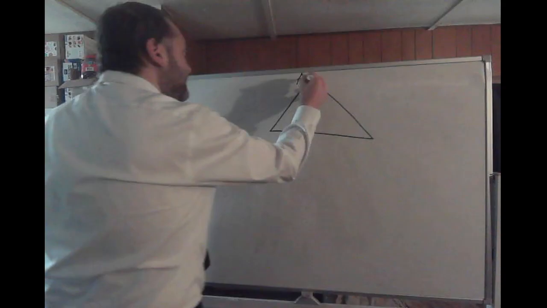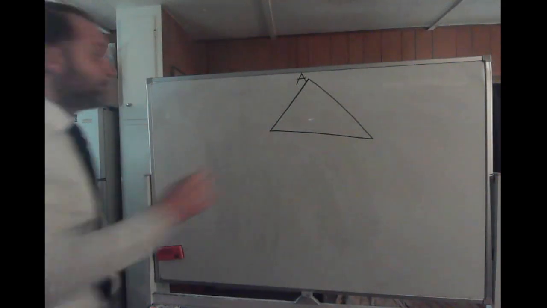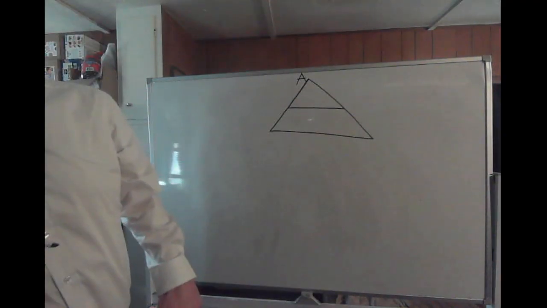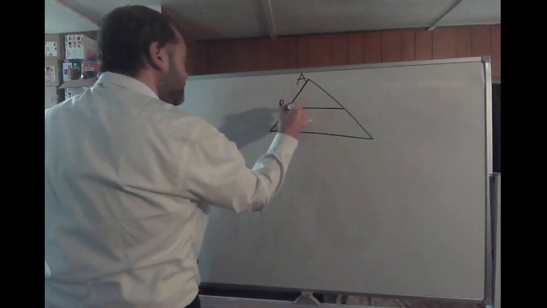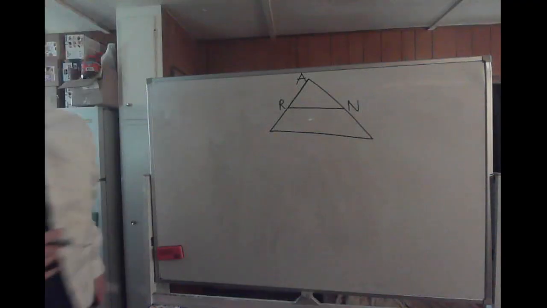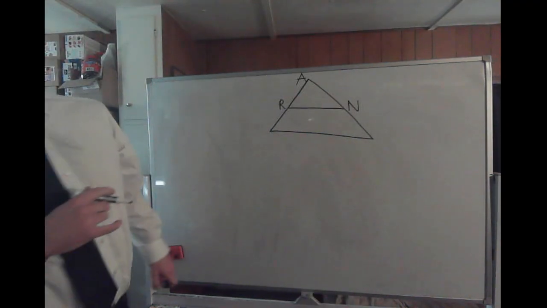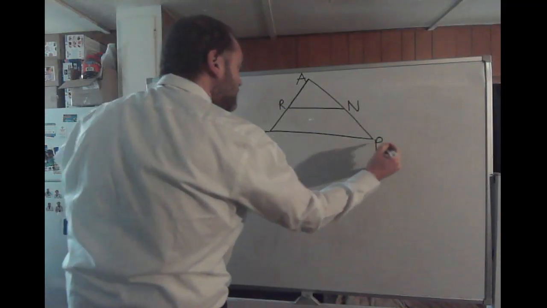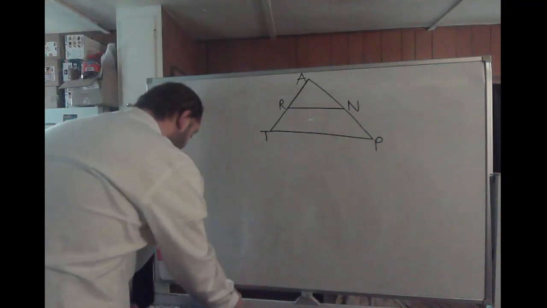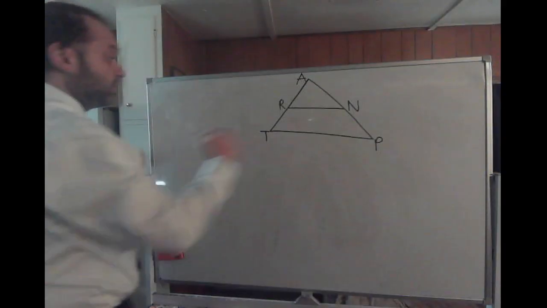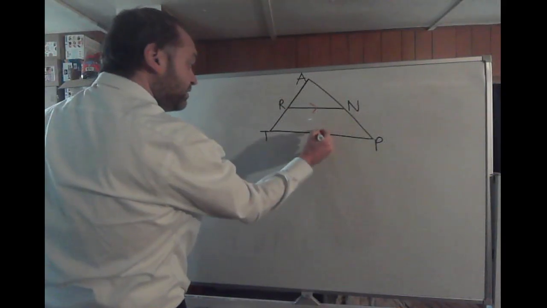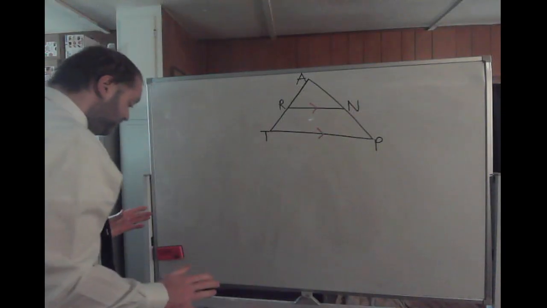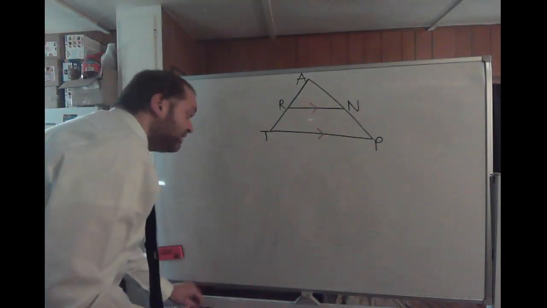See, this is A. We have RN here, and TP. Of course, RN runs parallel to TP. Alright, so we're also given a table here.